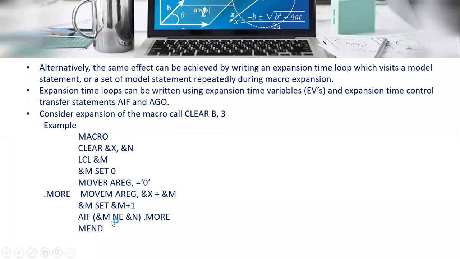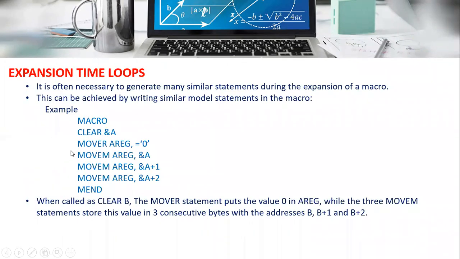And here we can use some conditional transfers, that is the AGO statement or the AIF statement. Most of the time we consider the AIF statement, and we transfer till the condition is true. We can repeat this particular statement. Okay, that is, we avoid writing or expanding the same model statement more and more times.